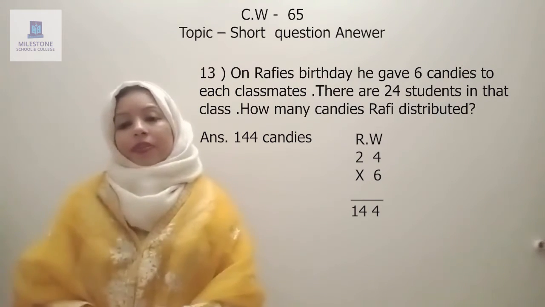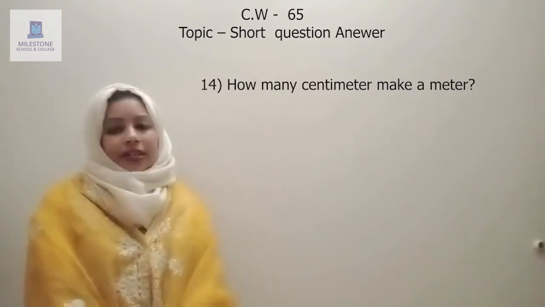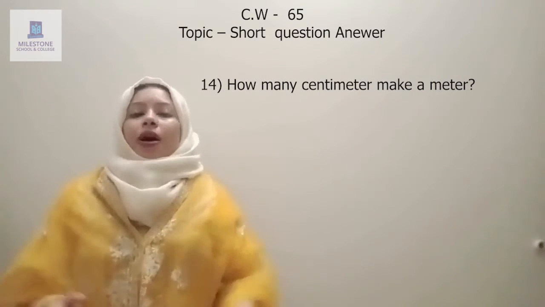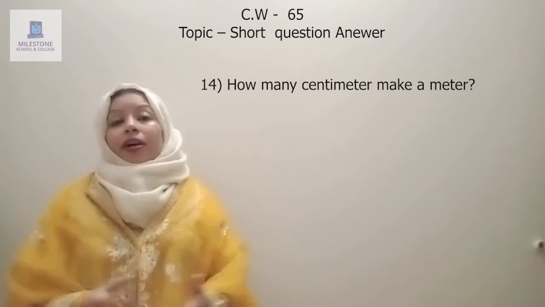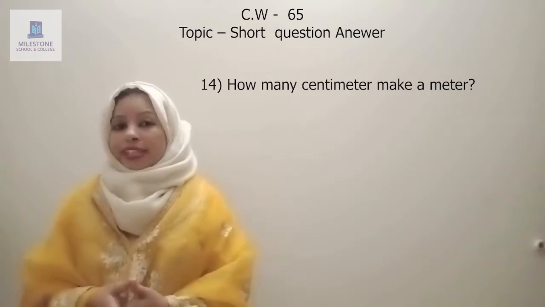Okay, students, I hope that all of you have understood this problem. Now the next question is a very easy question for you. How many centimeters make a meter? I know that all of you have learned some formulas to solve measurement problems, isn't it?